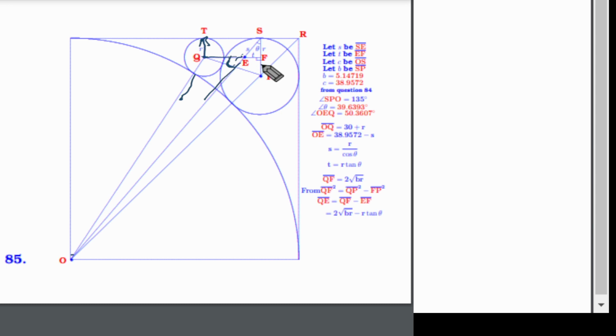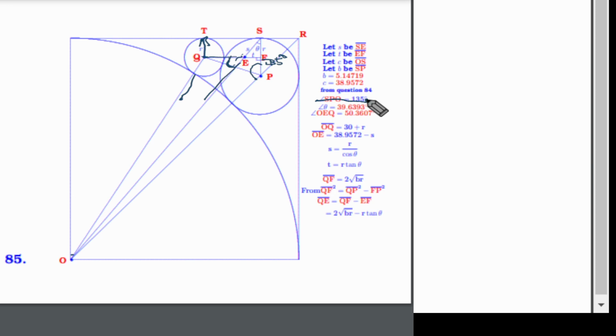This angle must be 135 because this angle is 45 degrees. So this angle SPO is 135.